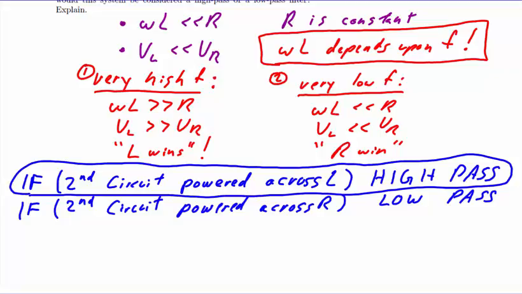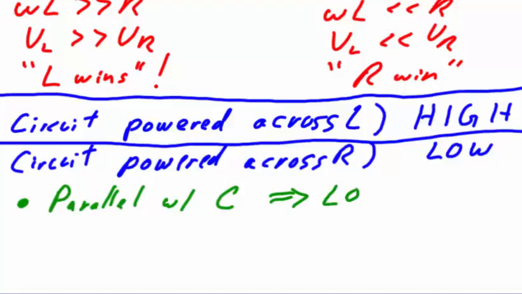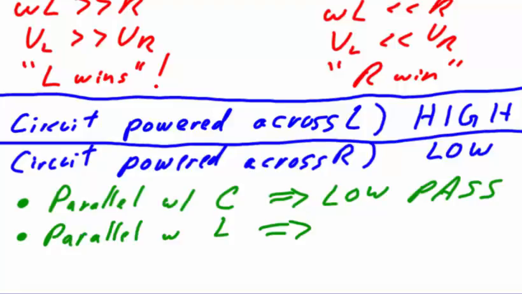Nonetheless, we are able to generalize to rules that you can remember in future applications of filtered circuits. If you are in parallel with a capacitor, this will in general lead to a low-pass filter. If you are in parallel with an inductor, this will in general lead to a high-pass filter.